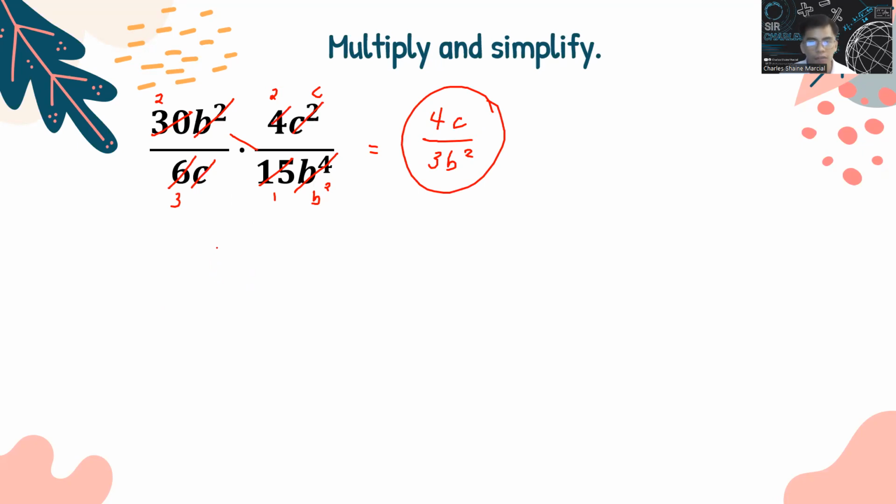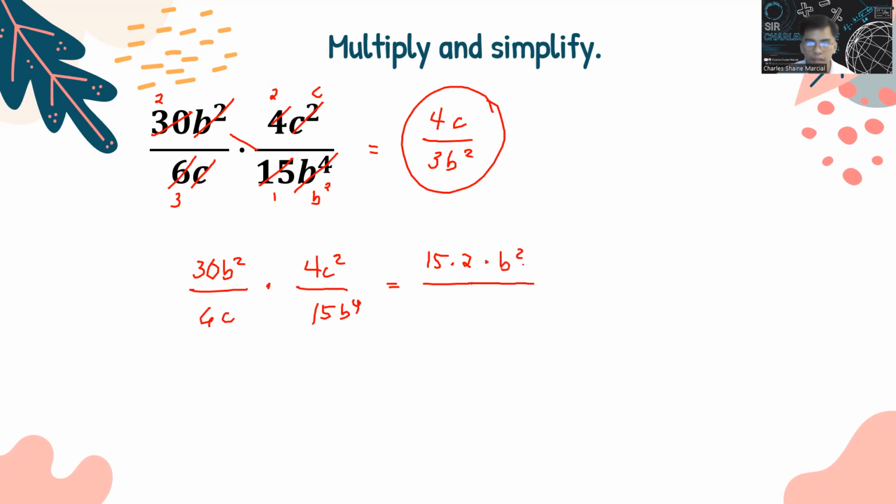Meron din tayo yung i-factor out muna natin yung numerators and denominators. So ganito, ang gagawin natin, kung ano yung mas mababang value, yun na yung pwede nating gawing base. So here, since meron tayong 30b squared, i-copy muna natin, over 6c times 4c squared over 15b raised to 4. Since mas mababa yung 15, pag finactor natin si 30, magiging 15 times 2 na lang siya.